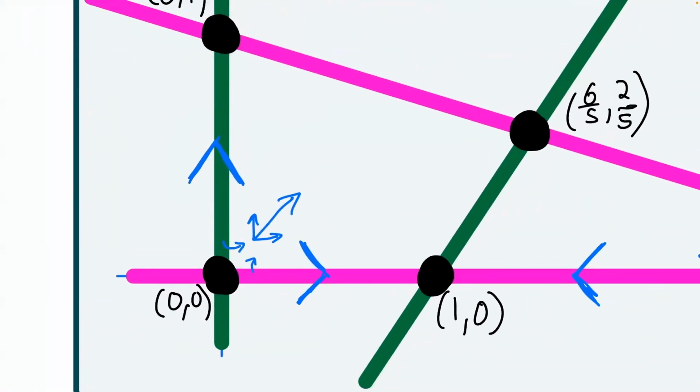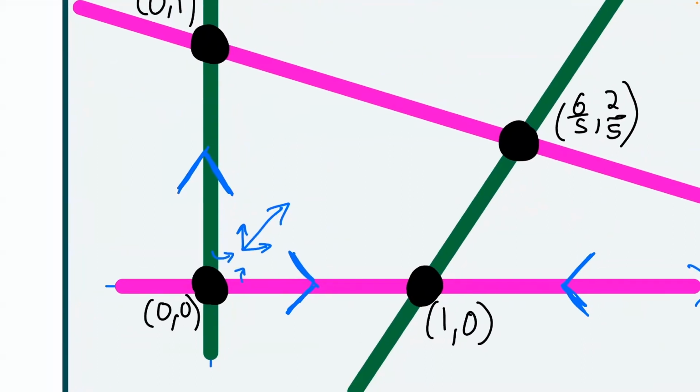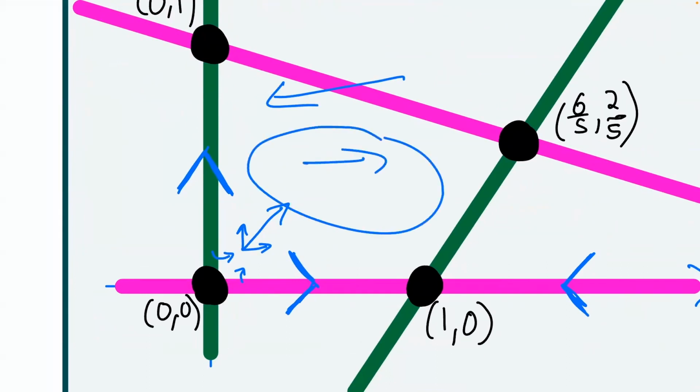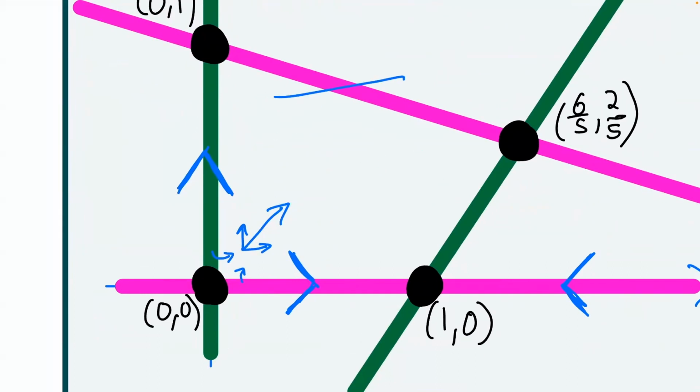That means that this pink null line, which remember means that there's no change in my y variable, we have to be moving left or right. We can't suddenly be moving left, because everything in this region here is moving right. That means that on this null line here, we have to be moving to the right.